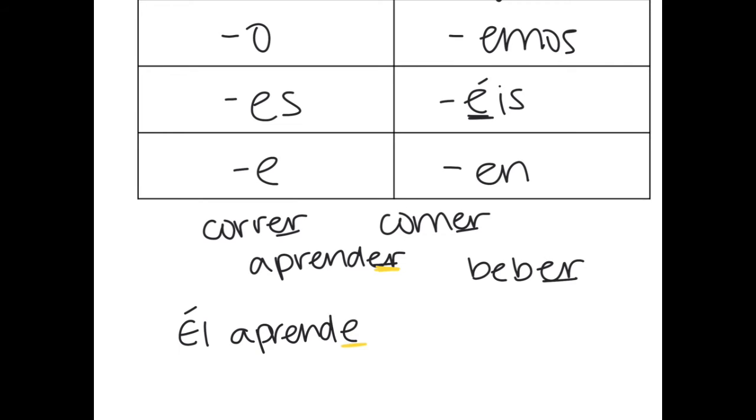So now if I want to say, we'll use beber. So if I want to conjugate it in the vosotros, then I'll say bebéis. And then again, I have that ER here, and I'm replacing it with that éis that's up in the conjugation box for vosotros.